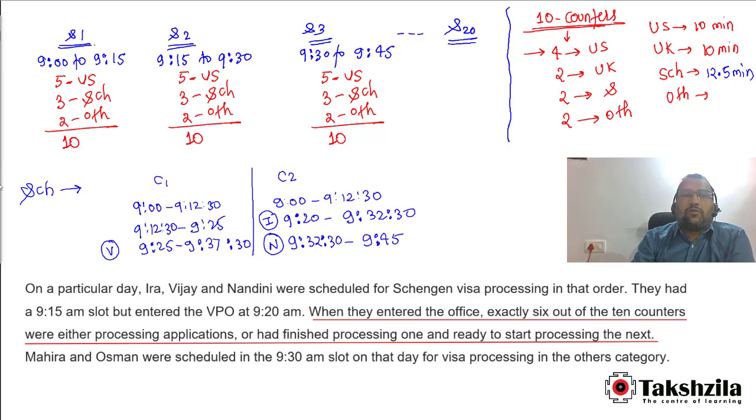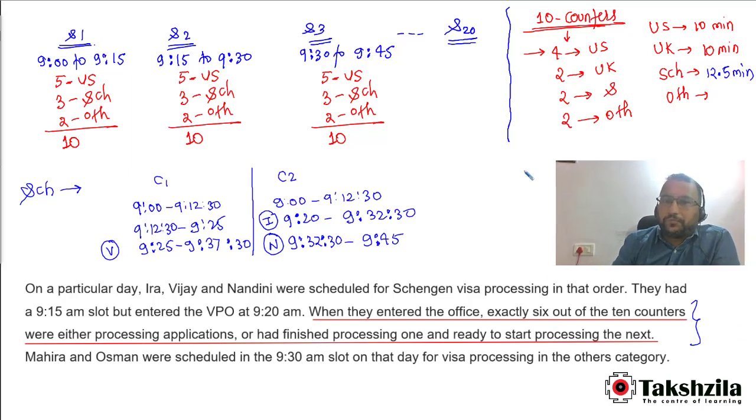From this statement what we can conclude, in every slot there are 10 counters and 10 applications, and out of those 10 counters 4 counters are waiting for the candidate. So 6 counters are the busy counters and the 4 counters are waiting for the candidates which did not turn up.